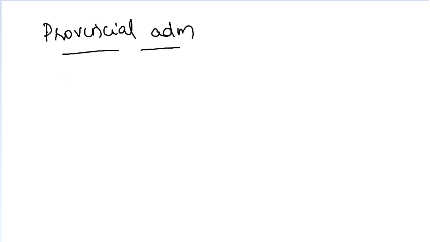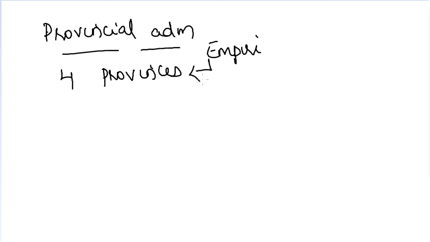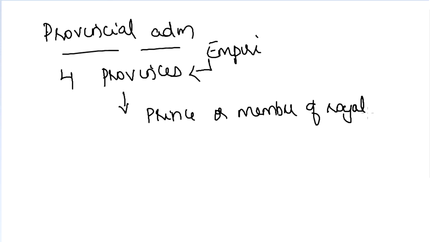Apart from metropolitan areas which were directly governed, the empire was divided into 4 provinces, each under a prince or a member of the royal family, that is Kumara or Aryaputra.